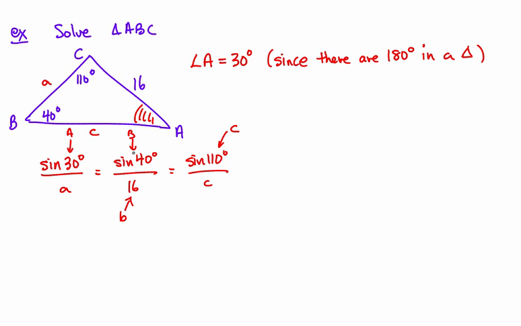And so you can see I know one complete ratio, this middle one, and there are two other ratios that I don't know in entirety. So I will use the complete ratio of sine 40 degrees over 16 to help me calculate this a value first. So now I'm solving for one of the sides, and I do that again by using one of the completed ratios and one of the ratios that I don't know all of the parts to.